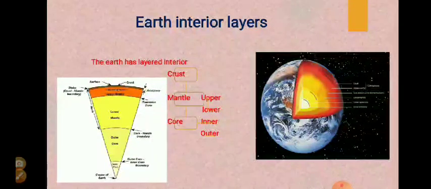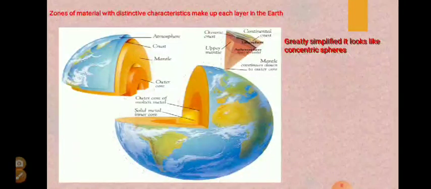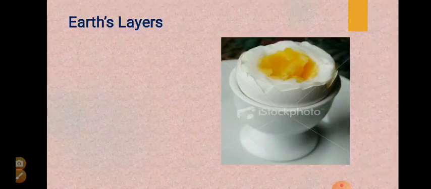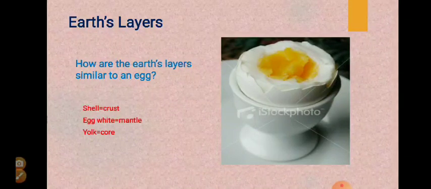So for the interior layers, there are three types of layer: crust, mantle and core. Zones of material with distinctive characteristics make up the Earth's layers.